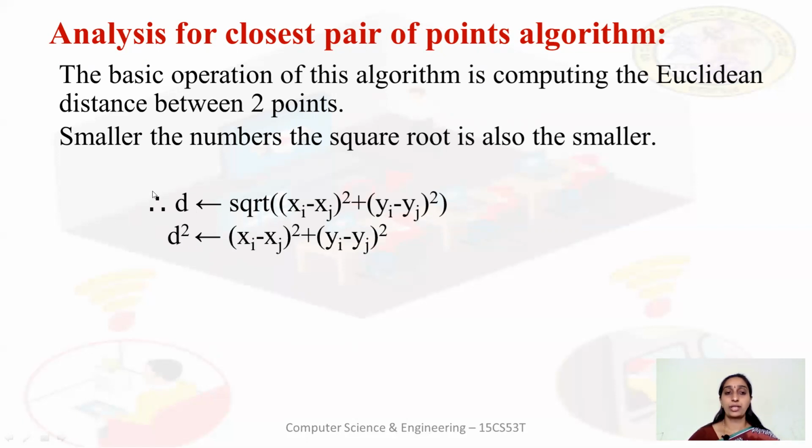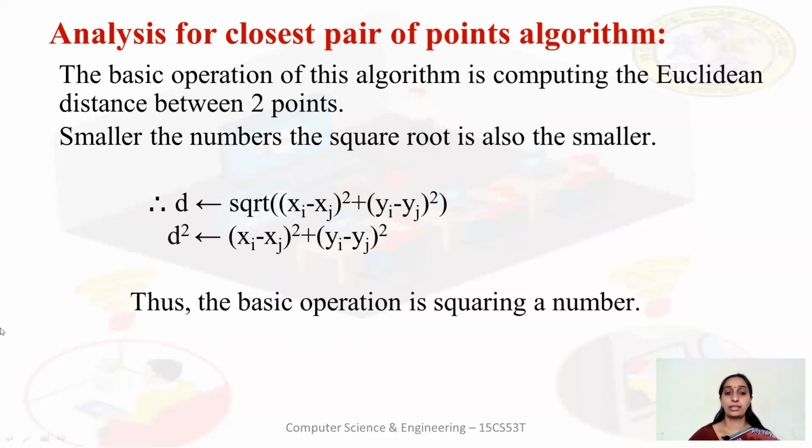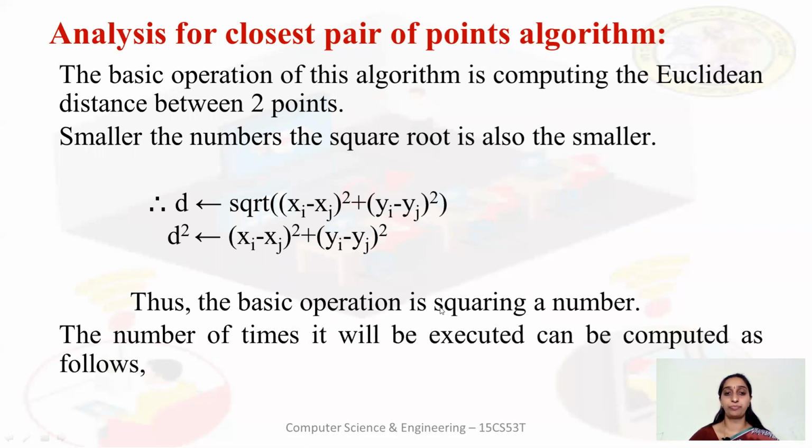So if we shift this square root to the left hand side, d square is equal to xi minus xj whole square plus yi minus yj whole square. Thus, the basic operation is squaring a number.